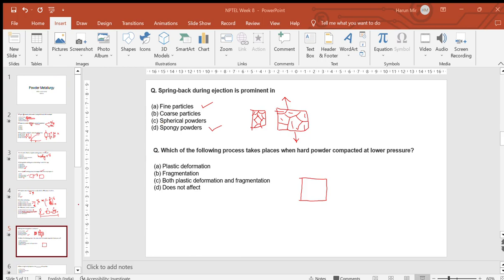Now the next question says that cold isostatic pressing has dash variations of presses and identified based on the dash. So how many variations of cold isostatic pressing are there, and on what basis are they distinguished?